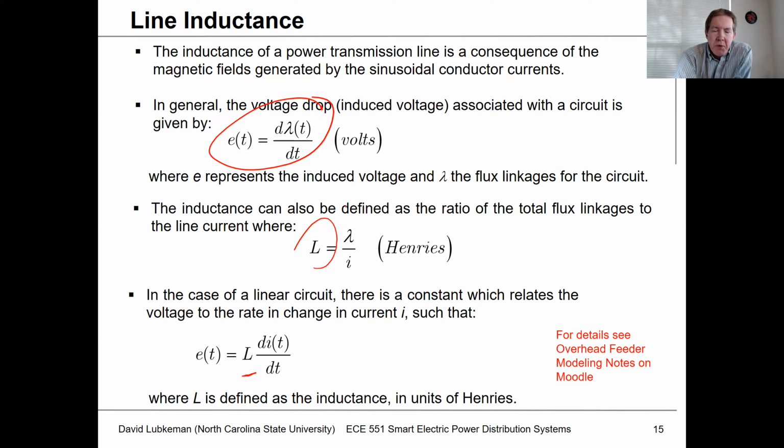So this is really what we're after, an expression for this inductance. We may actually express that in terms of reactance, where that's omega times L, depending on if we're working in terms of steady state or if we want to do transient calculations.